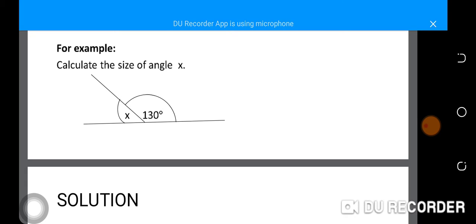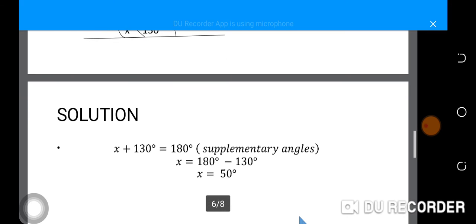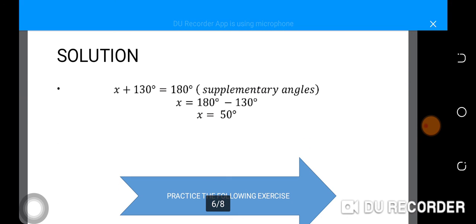For us to find the value of x, we are going to subtract 130 degrees from 180 degrees. The answer that we get is the angle represented by x.